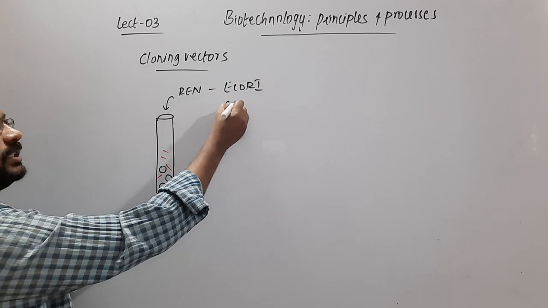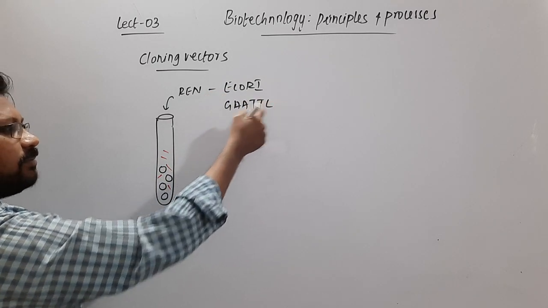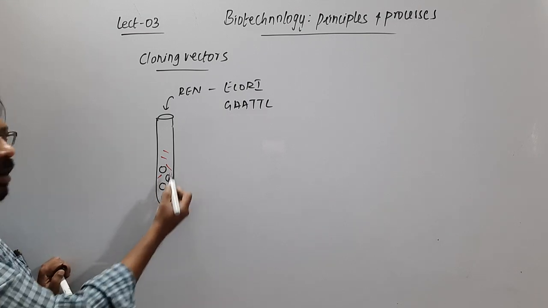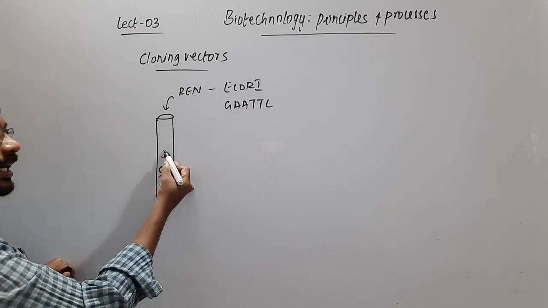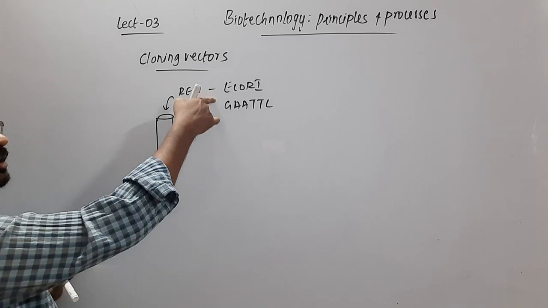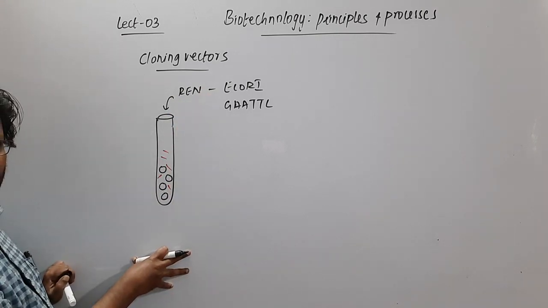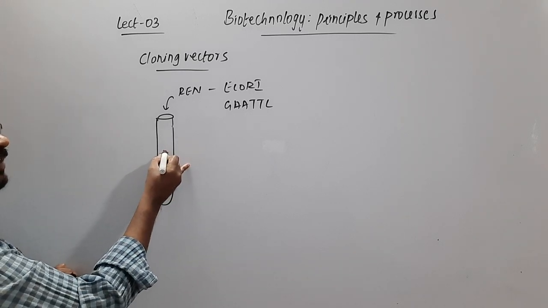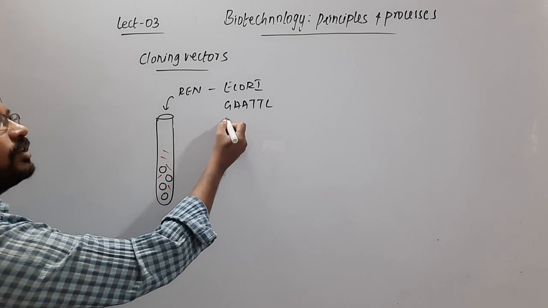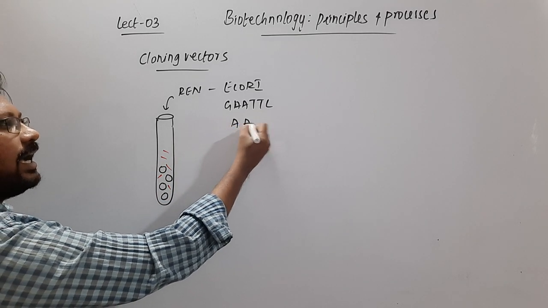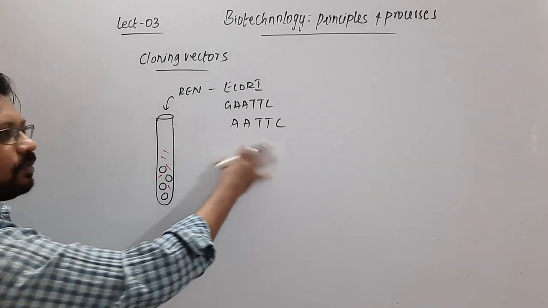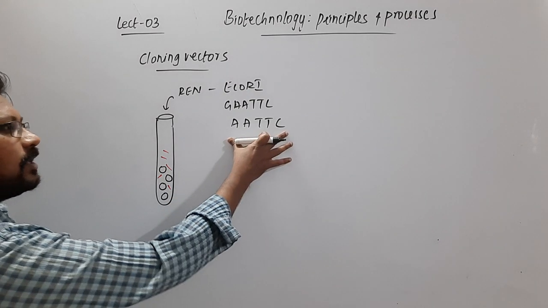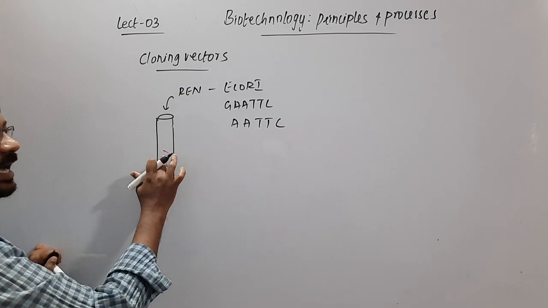It will find the GAATTC palindromic sequence and cut the plasmids. Already I have isolated this gene of interest by using the same restriction endonuclease. So this gene of interest will have those AATTC ends on both sides. Okay, so those are the sticky ends we will have.